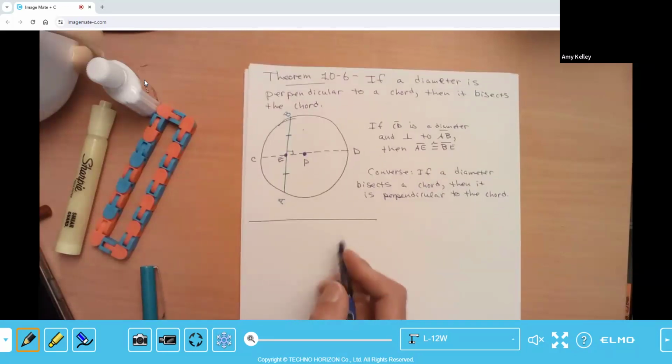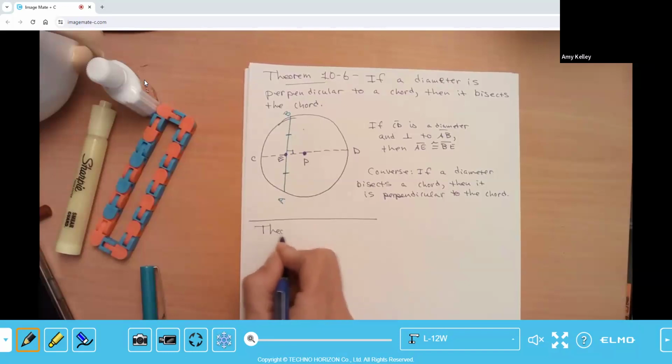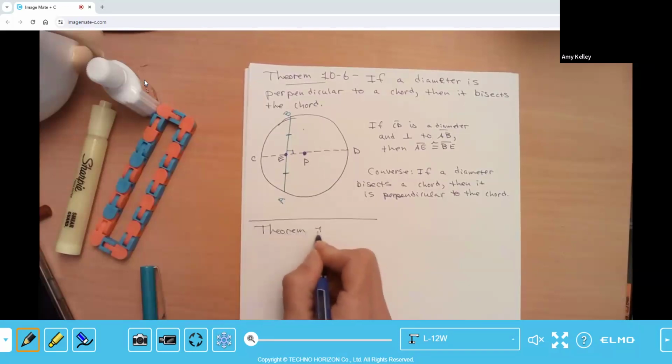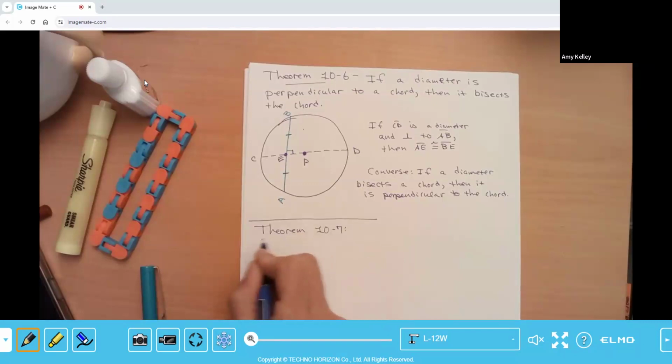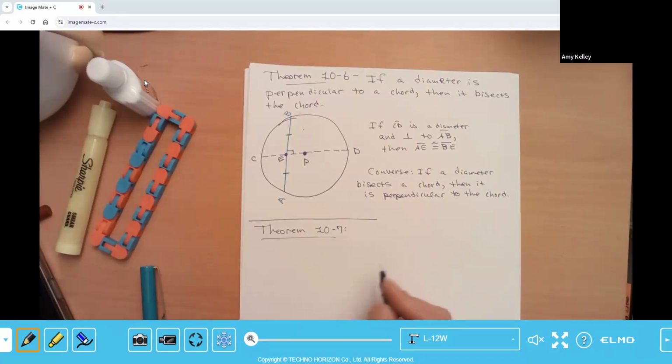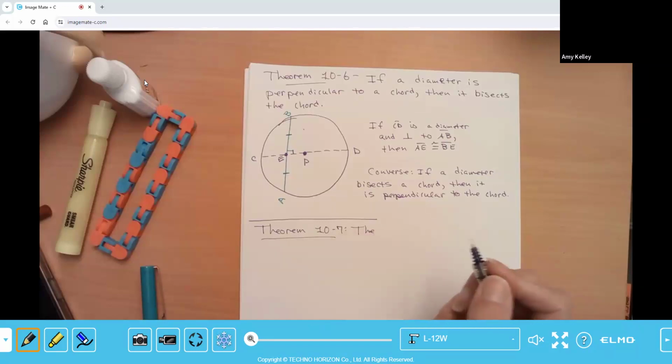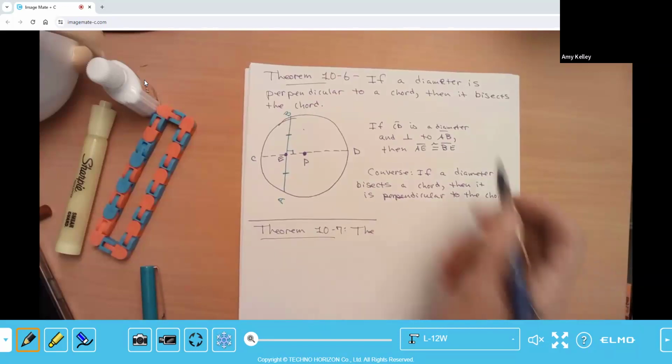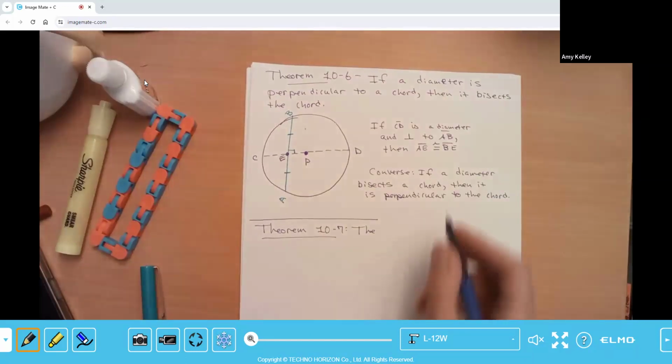All right, one more theorem. This one says that the perpendicular bisector of a chord contains the center of the circle. So it's kind of a follow-up to theorem 10.6.